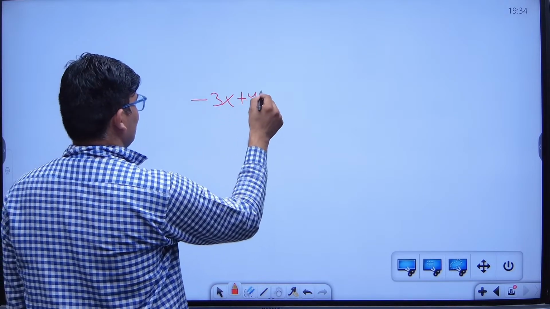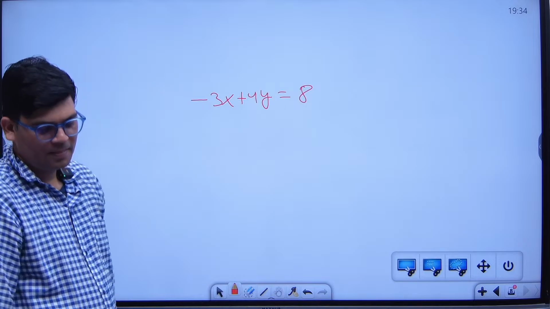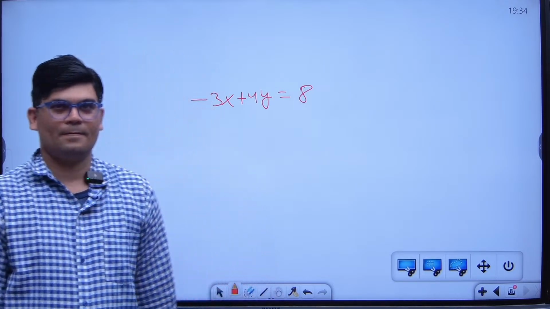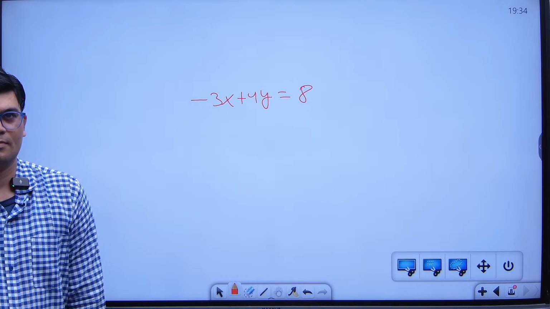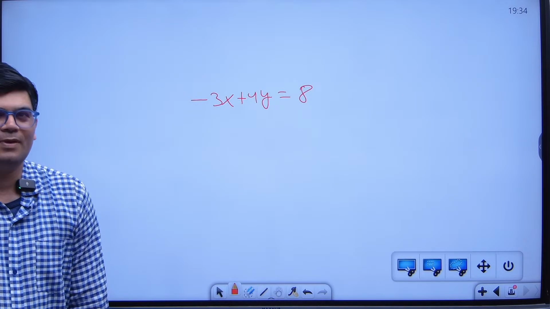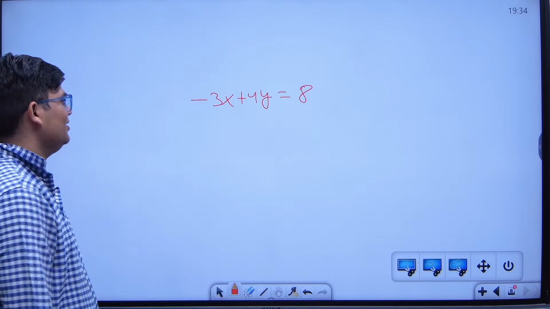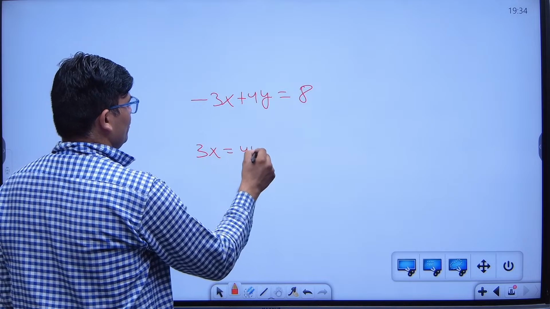Minus 3x plus 4y is equal to 8. Minus 3 by 4. Plus 3 by 4. 3 by 4. Okay, got it. 3x is equal to 4y.